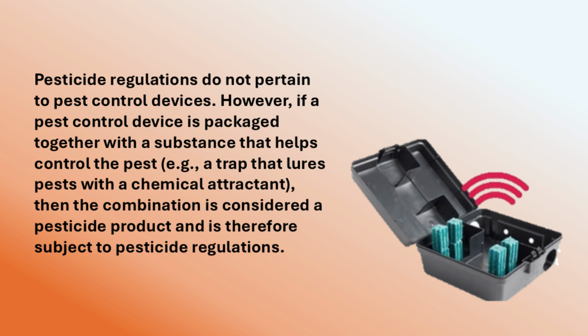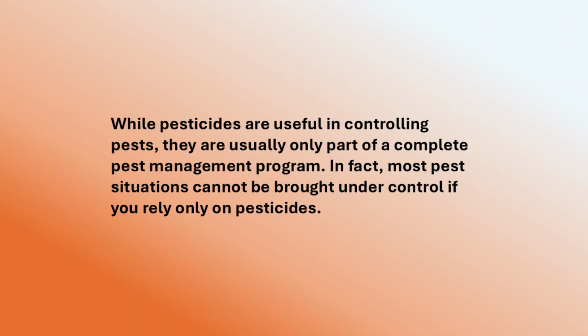However, if a pest control device is packaged together with a substance that helps control the pest, e.g., a trap that lures pests with a chemical attractant, then the combination is considered a pesticide product and is therefore subject to pesticide regulations.